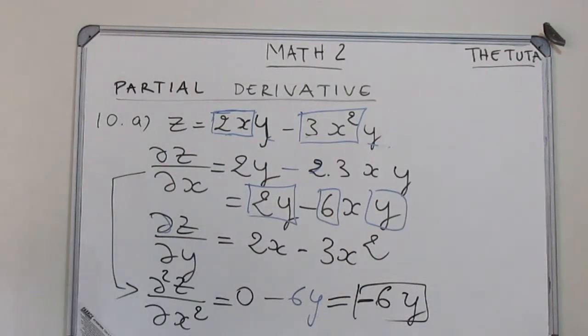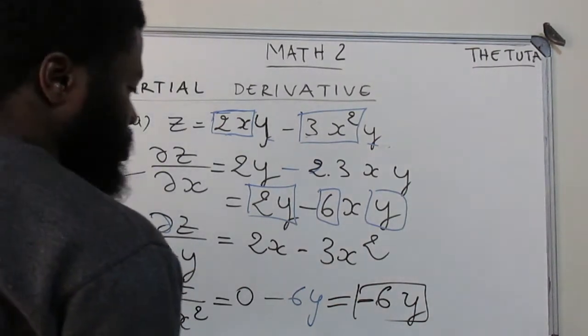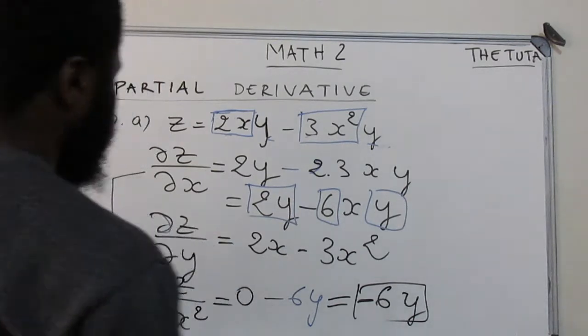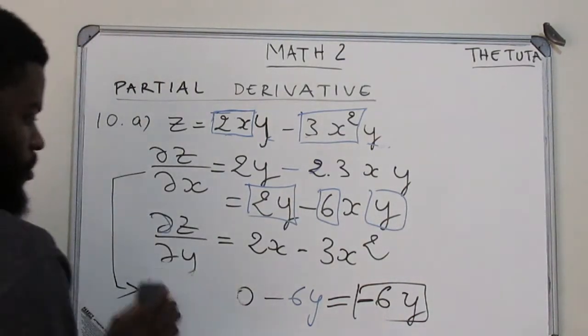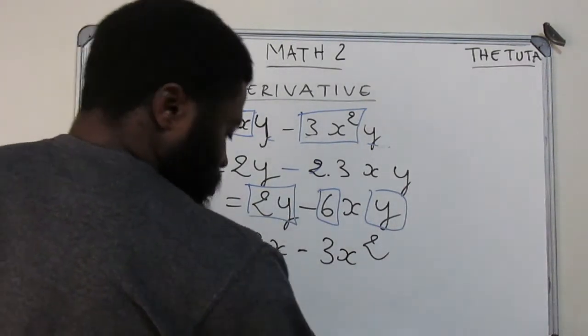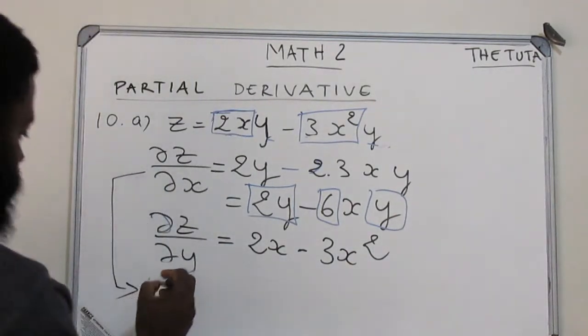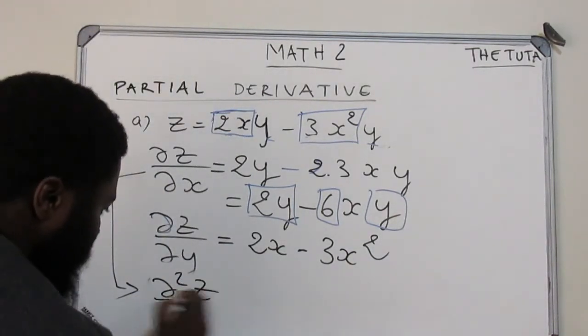Now after this, we can also find the second partial derivative with respect to y. It is written as this.